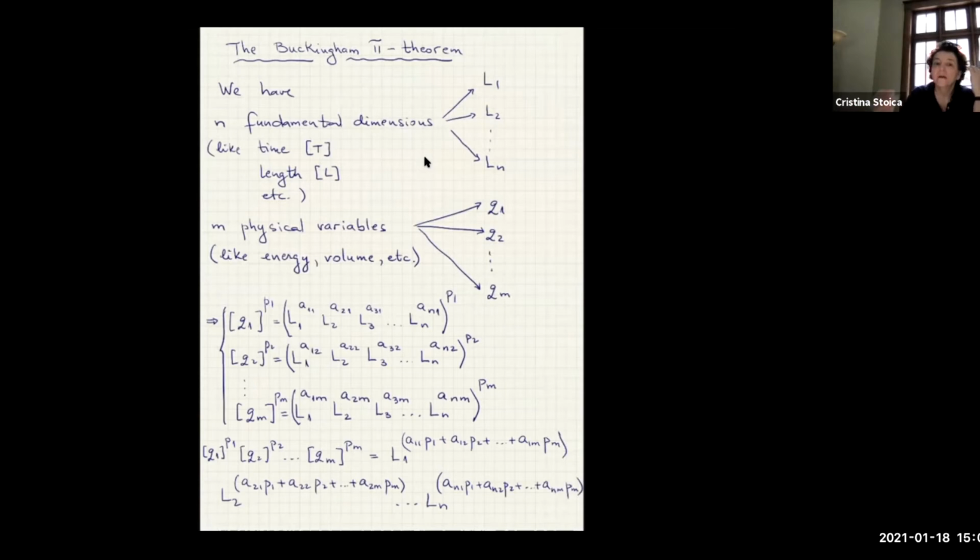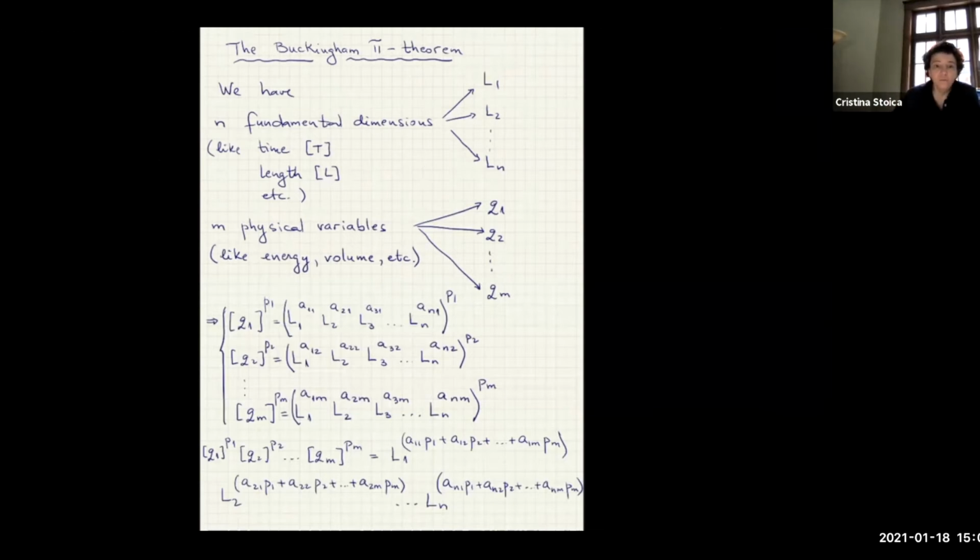In the examples that we did, these were time, length, and mass. We played only with these three, but there could be more. And then we have M physical quantities like the diffusion coefficient, velocity, energy, that kind of stuff.